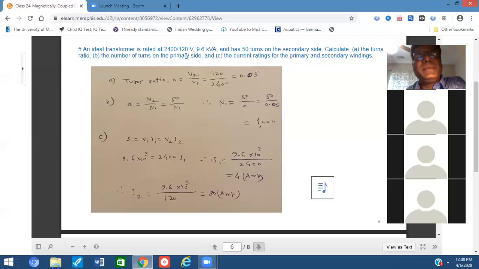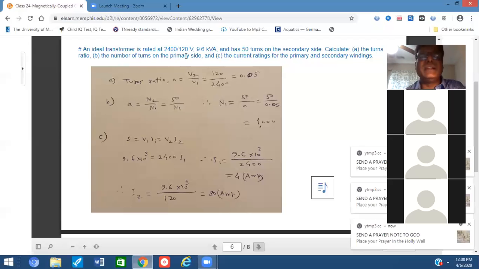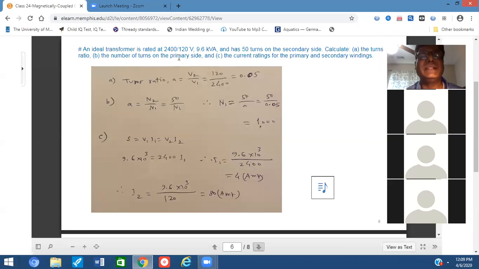Similarly, it might happen that 120 volt is written before and then 2400 is written after. In that case, 120 would be primary and 2400 would be secondary. That is by default. So in this case, you are noticing primary side voltage is higher than the secondary side voltage. This means, because the secondary voltage is lower, this is called a step down transformer.